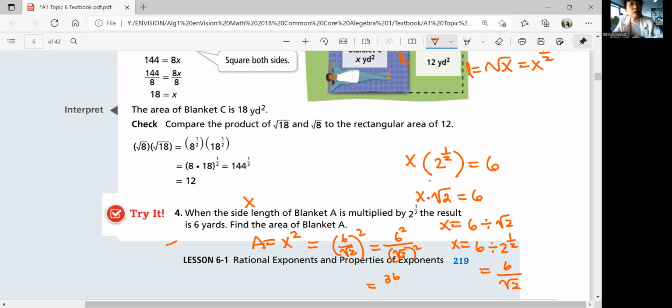That means it's 36 over square root of 2 squared, the power 2 cancels the root, so 2. So 36 divided by 2 is just 18. So the area is 18 yards square. All right. So set up an equation, figure out your missing variable, and answer the question.